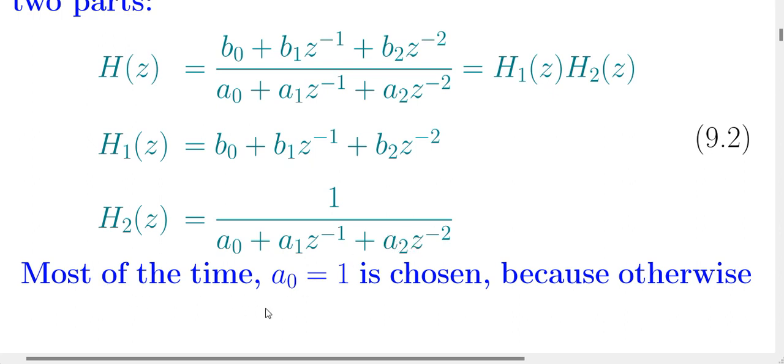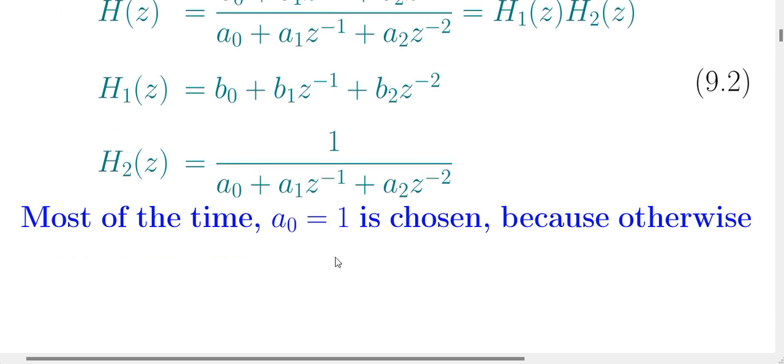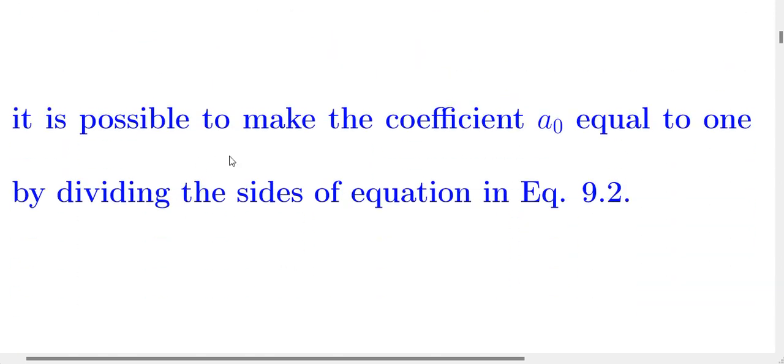Most of the time, A0 is chosen to be 1 because otherwise it's possible to make the coefficient A0 equal to 1 by dividing both sides of equation 9.2, okay?